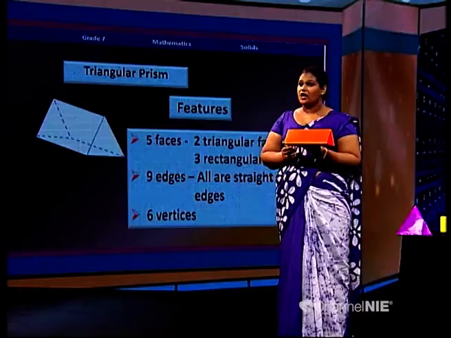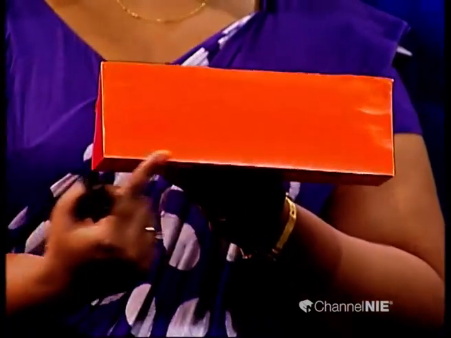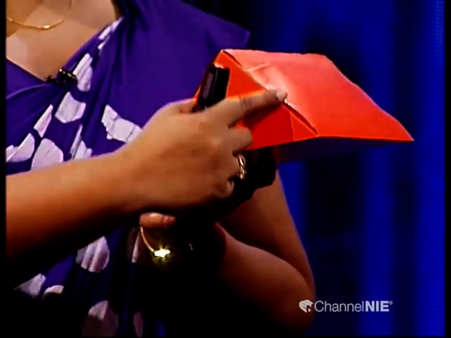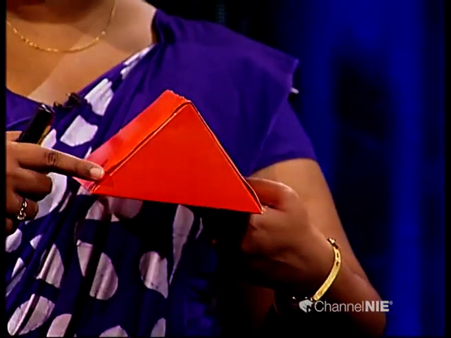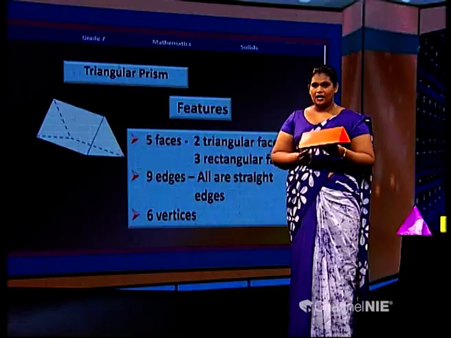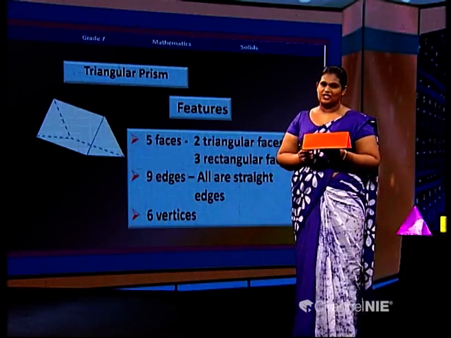Next we will count the number of edges. 1, 2, 3, 4, 5, 6, 7, 8, 9. Okay, that means altogether we have 9 edges, and as you can observe, all the edges are straight edges.